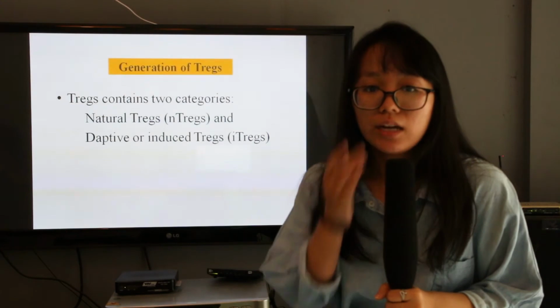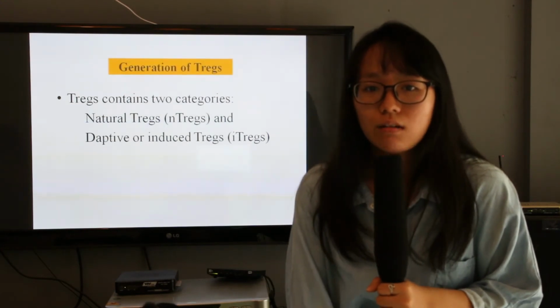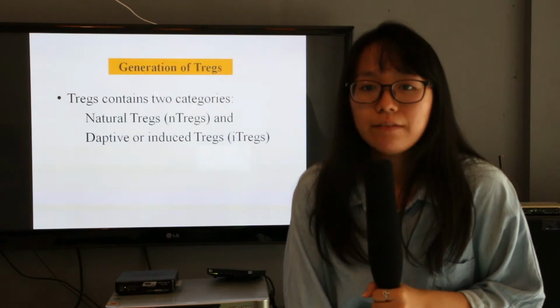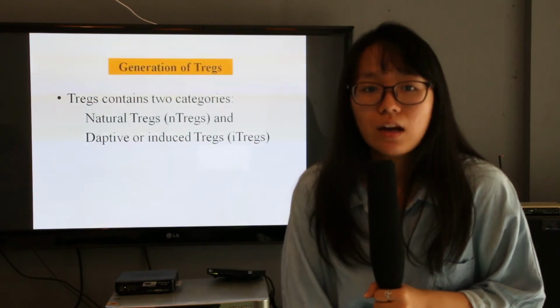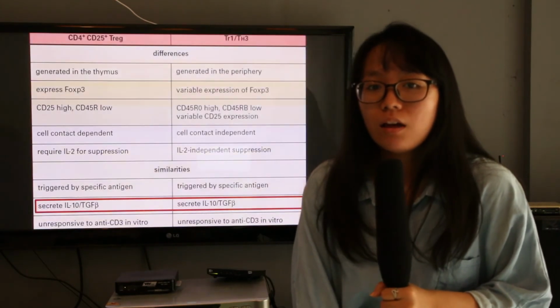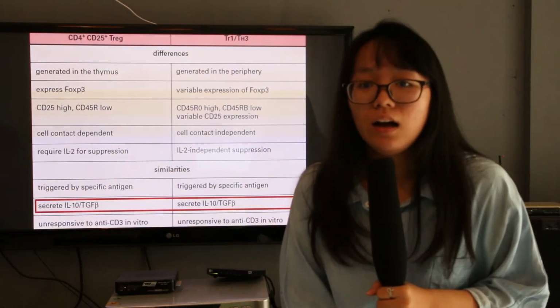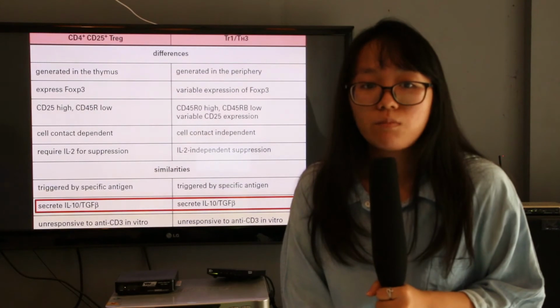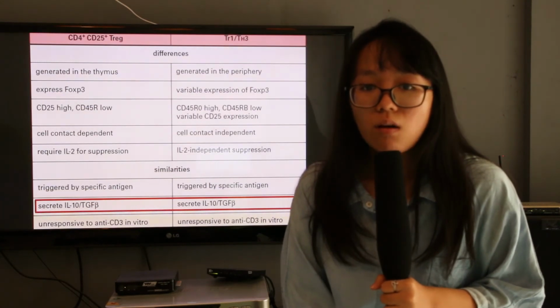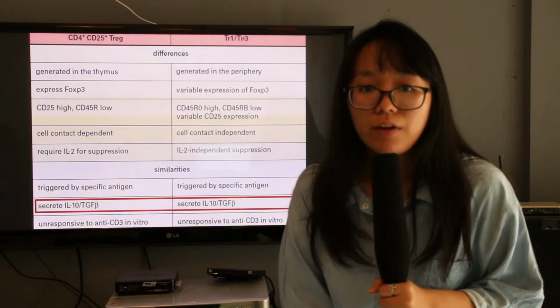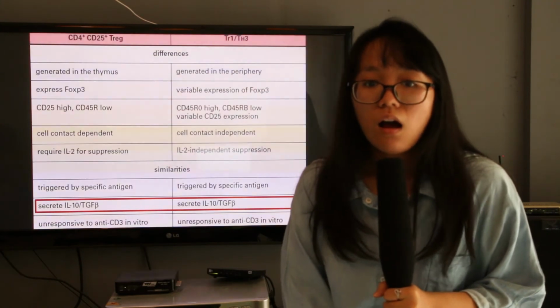The Treg are generally classified into two categories: the natural Treg, nTreg, and the adaptive or induced Treg, iTreg. Even though they have some distinguishing features, like the natural Tregs primarily emerge from the thymus, whereas the iTreg are generated in the periphery from naive T cells after antigen exposure.